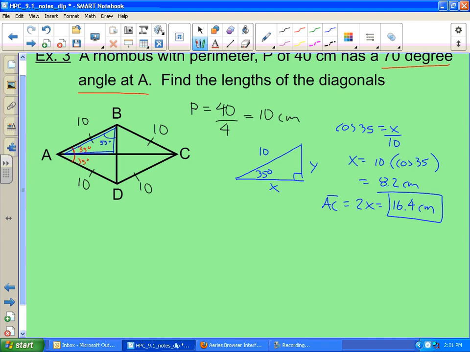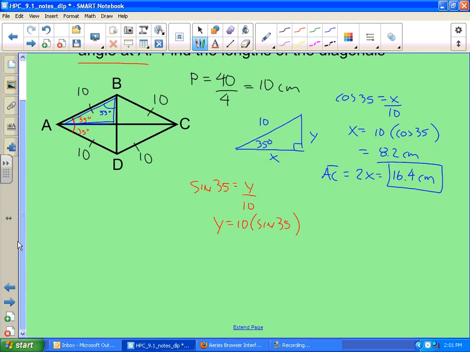And then the other one is going to be sine. And this you got what? What was this say?